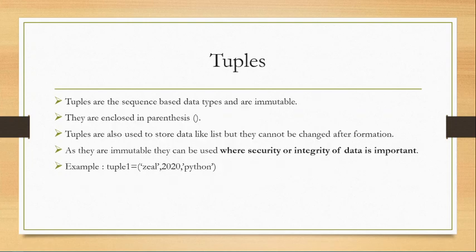Tuples. Tuples are sequence-based data types and are immutable. Just like a list, but the difference here is that a list can be changed in place, but tuples cannot be changed. Tuples are enclosed in parentheses.